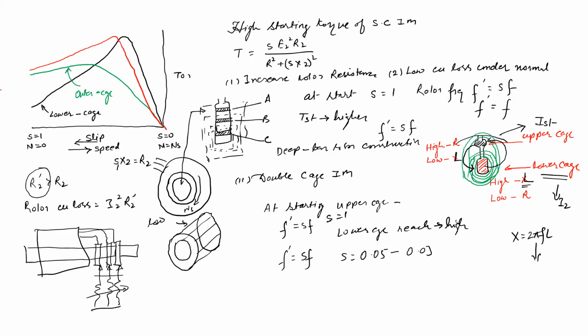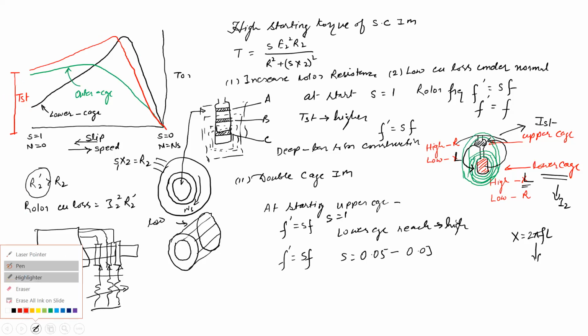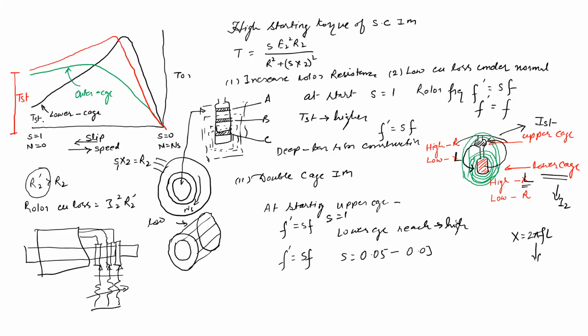So this is the total torque, and we found this is our starting torque. Earlier, the starting torque T start in the first case is very small. In the second case, definitely the maximum torque will be very small, isn't it? And it does not give proper operation or efficiency.